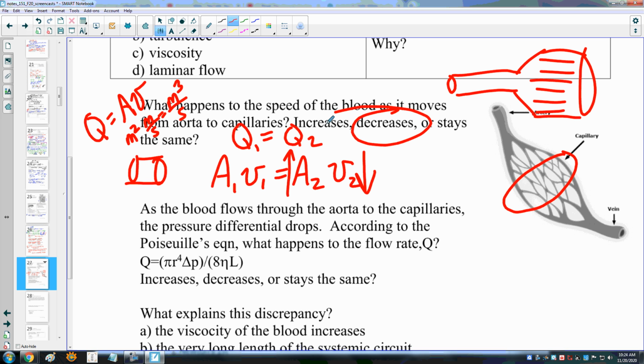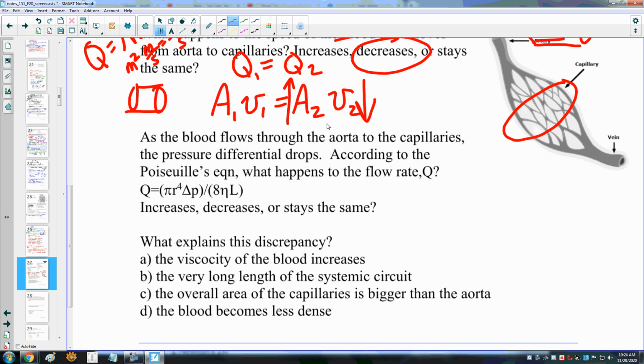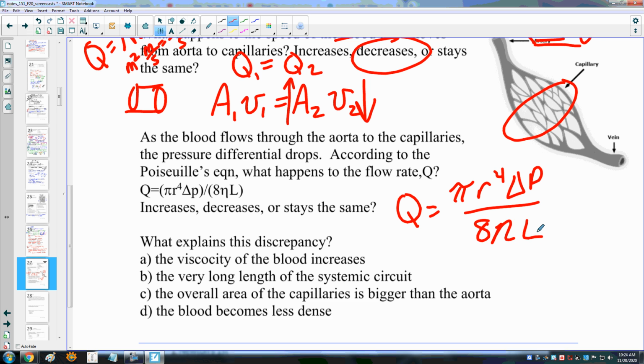Also, as the blood flows from the aorta to the capillaries, the pressure differential drops. And so what happens then to the flow rate? Well, this is kind of a trick question because I have Q is equal to pi r to the fourth times delta P divided by 8 eta L. While it is true that the pressure differential drops, the overall radius of the capillaries goes up.